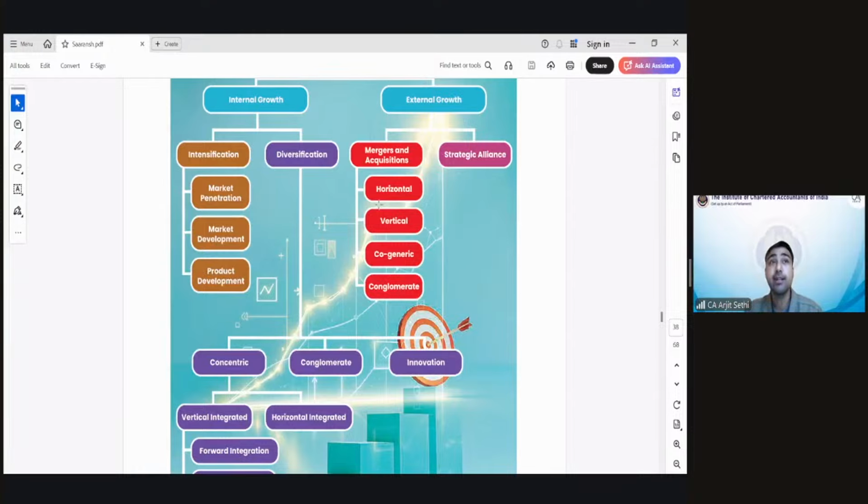They come together, they mutually say, we will work together as one. Acquisition is a company says, I will buy you and things will happen my way, because I'm buying this company. Merger is two or multiple companies coming together and saying, let's work together as one company.